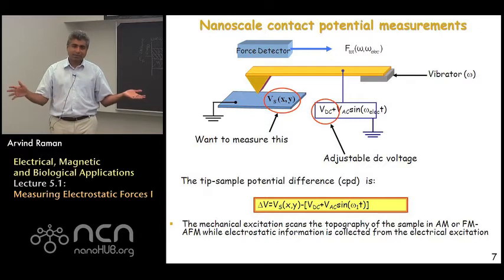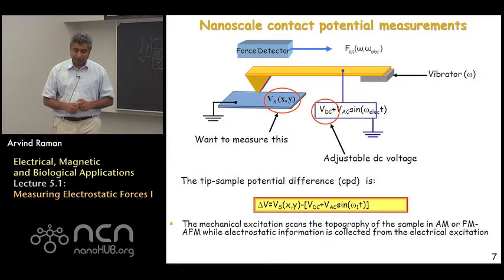If it's a nice conducting sample, then this basically reflects the changing values of work function over a sample, for example. In the case of more complicated substrates, it's just a way to capture the fact that the electric fields are different at different points in the sample.